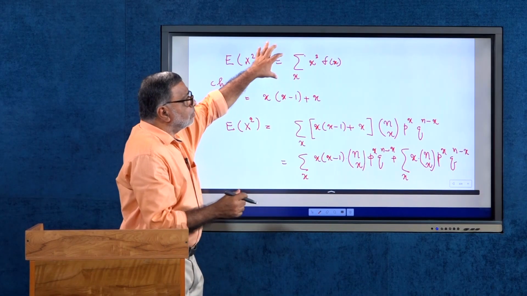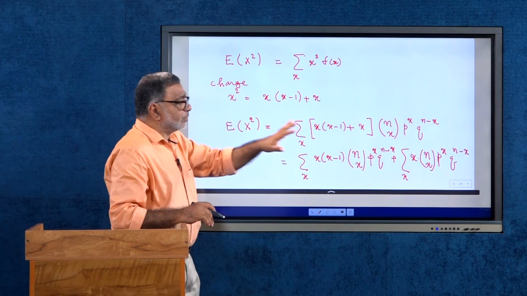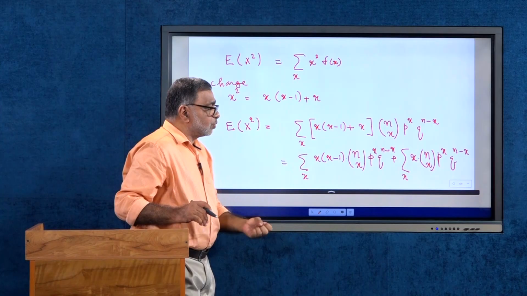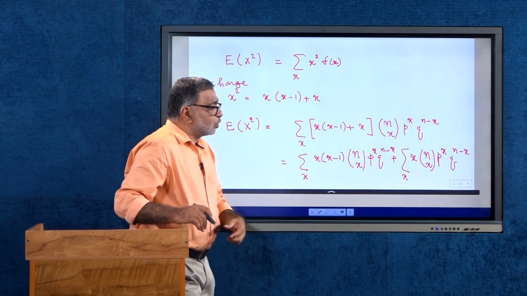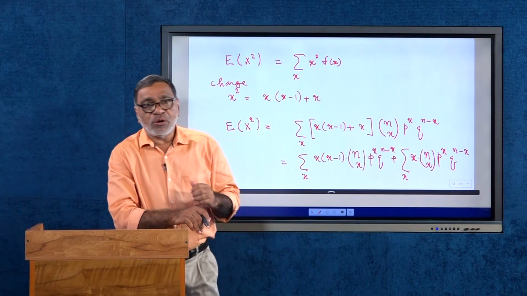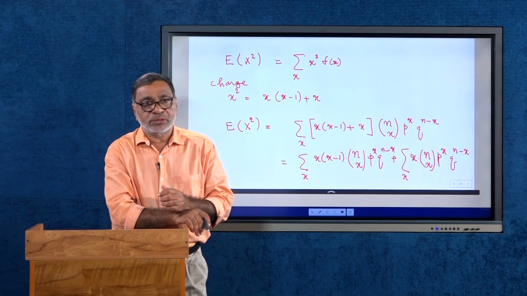So, starting from the definition of expectation of X squared, we arrived at this expression: sigma over x(x-1) nCx p^x q^(n-x) plus the second factor, sigma over x nCx p^x q^(n-x).